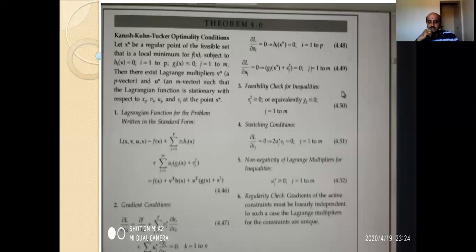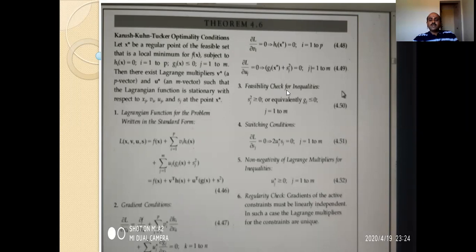So in the Lagrangian here, we have got the last two equations, okay, in the form of a gradient condition. So this is what we are just converting. We are expressing the Lagrangian in the gradient form. Okay, so this is the gradient condition for the Lagrangian.